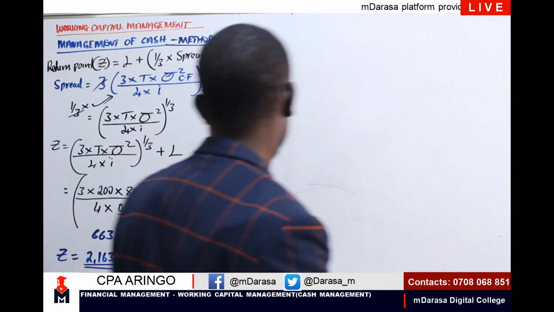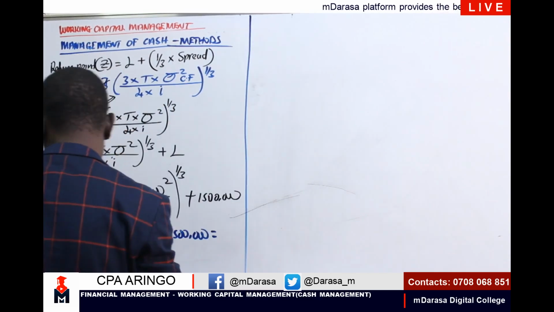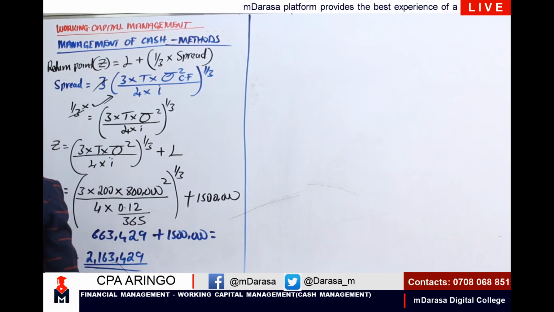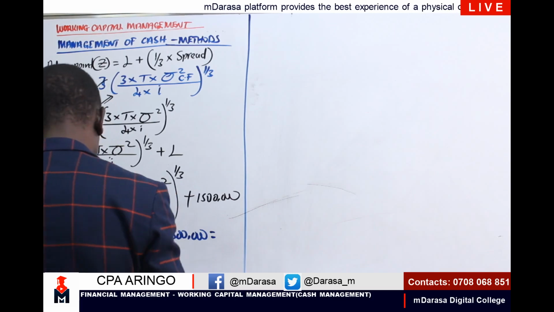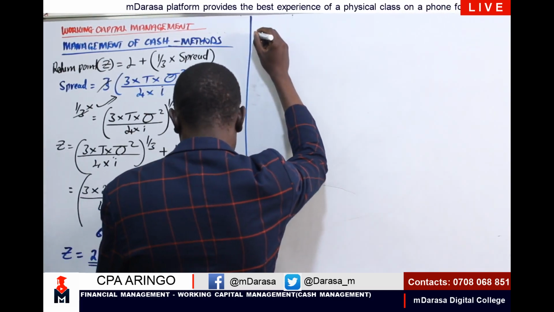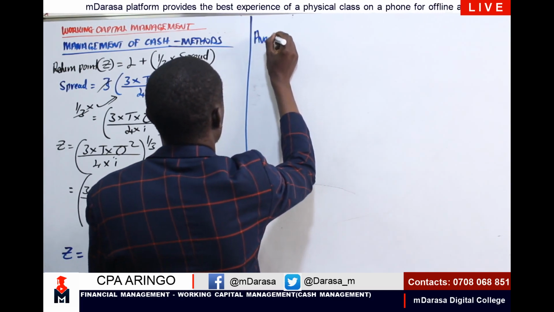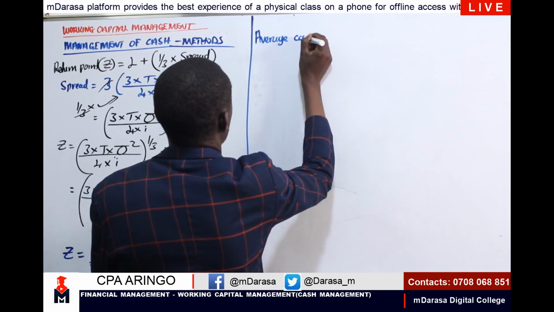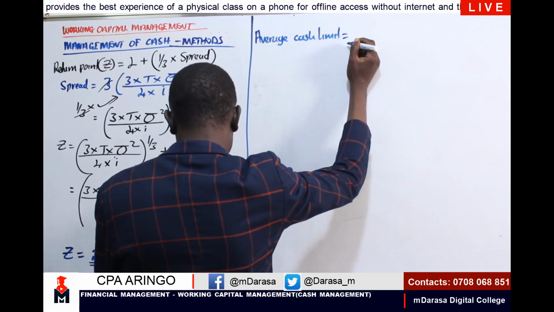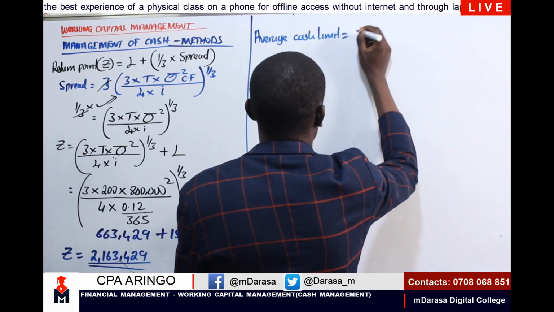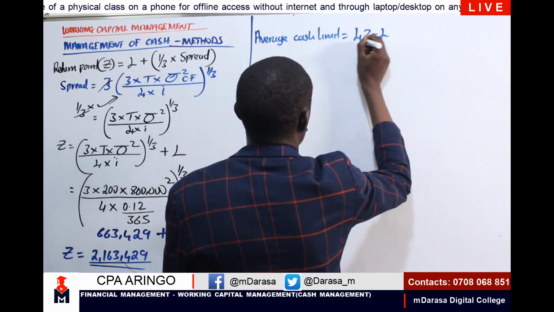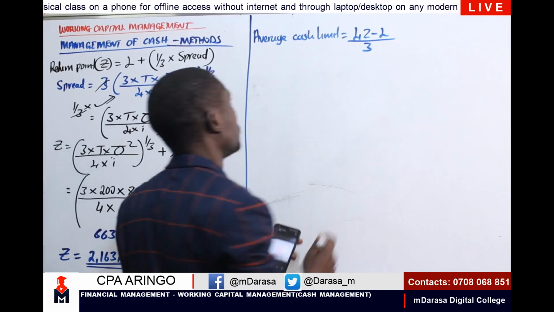So the good question is, my good students, do you still remember how to compute our average cash balance? Remember, we had looked at that. And we have agreed that our average cash balance, or limit, is 4 times Z, minus L, and we are going to divide all this by 3.